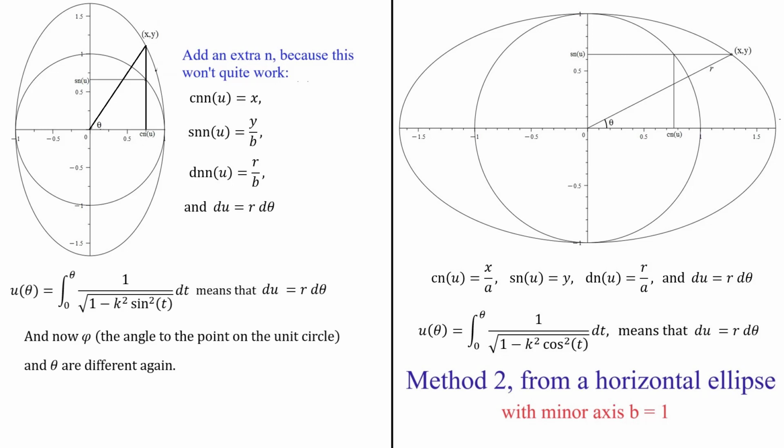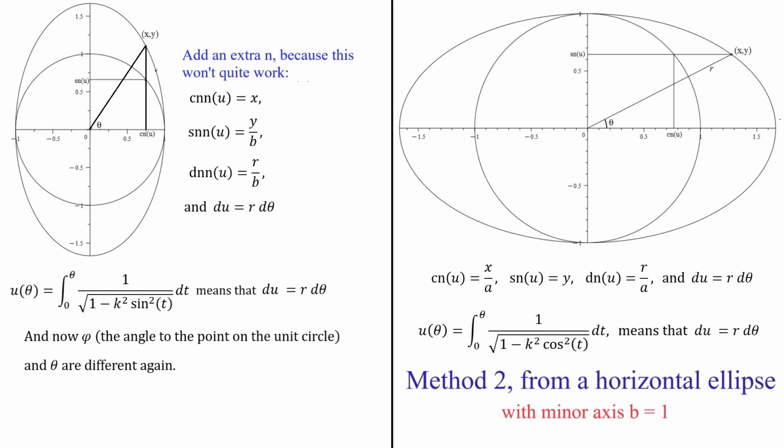So sn u will be y divided by the major axis b. And similarly, dn u will be r divided by b, but du will still be r d theta. So I'm going to use that idea for the horizontal ellipse. On the vertical ellipse, we almost get what we still have for the Jacobi elliptic functions, but there's just a slight change. And then I'll also compare going the other way.